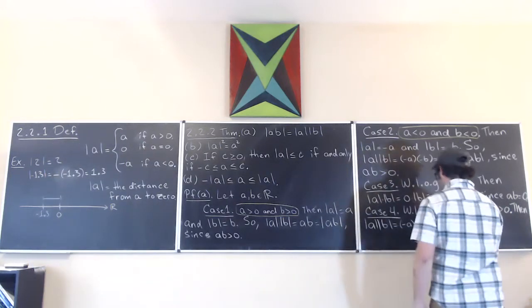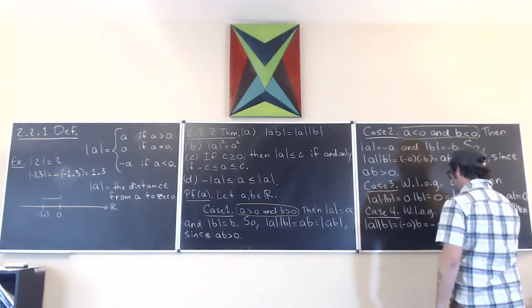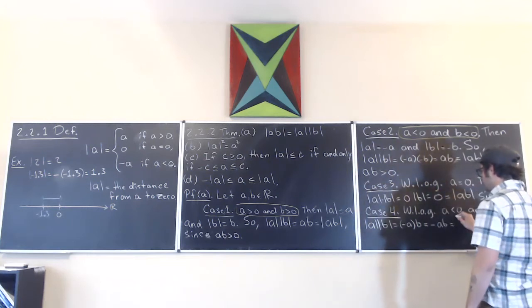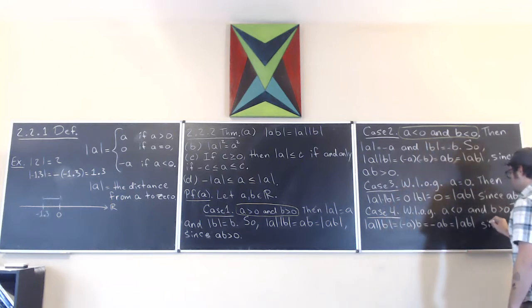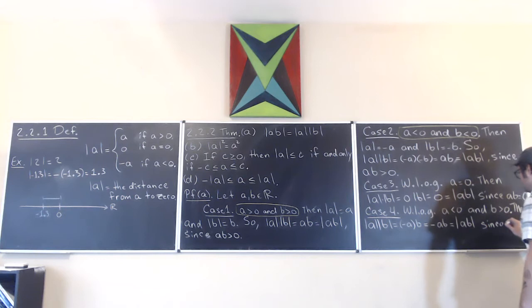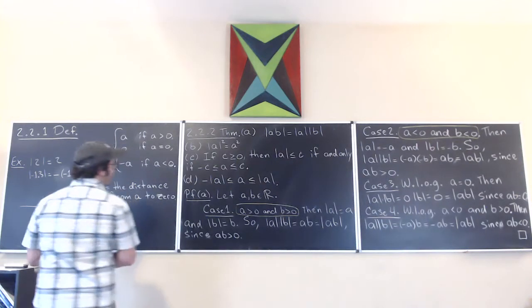So this is equal to negative of A times B, which is equal to the absolute value of A times B, since A times B is less than 0. And that exhausts all the cases, QED. That proves part A.